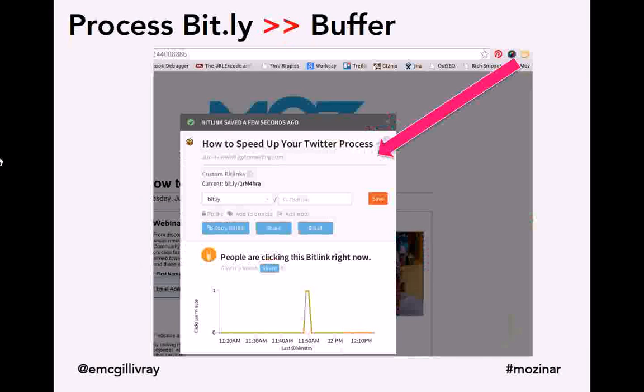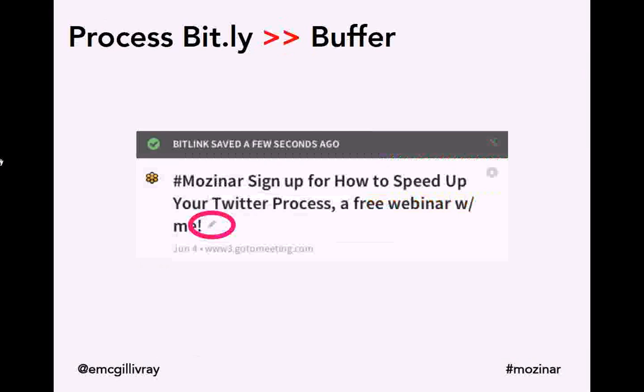So how IFTTT works is that a lot of these recipes have delays on them, and it checks every 15 minutes or so. So you have a little bit of time to mess with that title. I went and edited it, and I put in that hashtag, and I had a call for people to sign up, and I told them that I was doing the webinar.